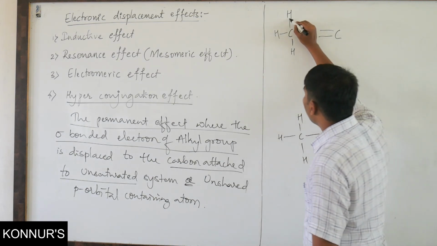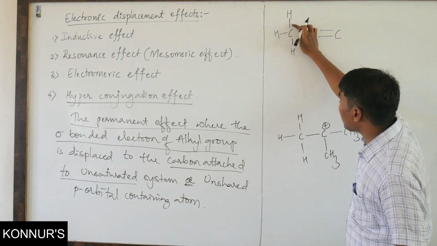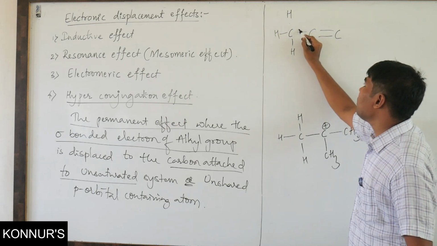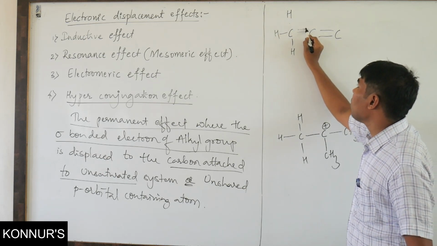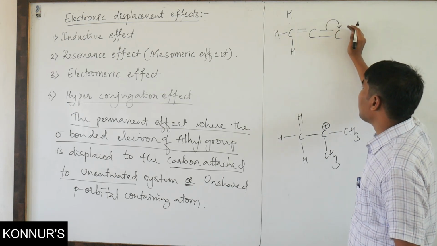Now, this is the sigma bond. This is the electron of this carbon that comes here, and this is the electron of that hydrogen which comes here. And now, this bond is shifted on this carbon.